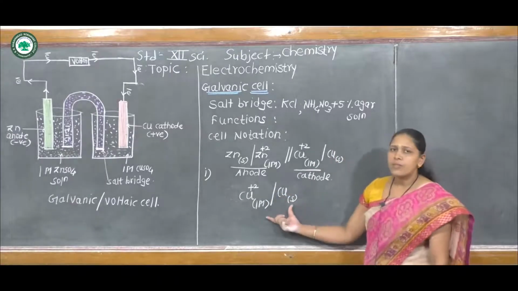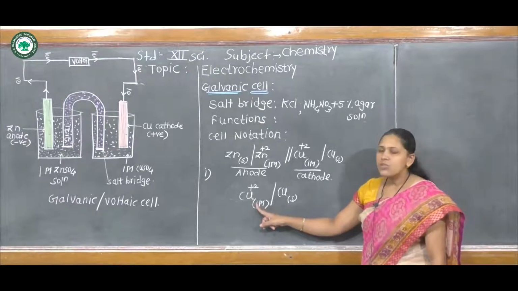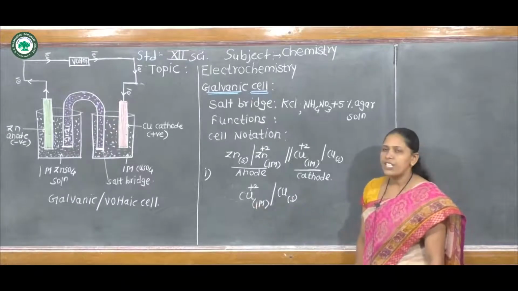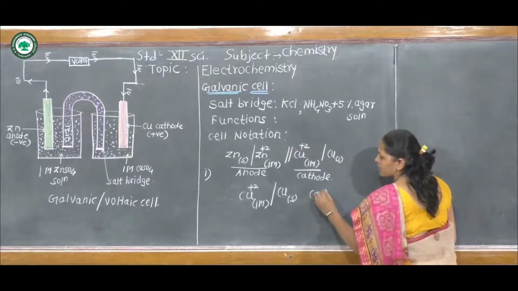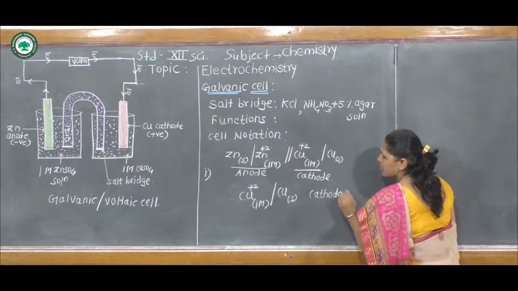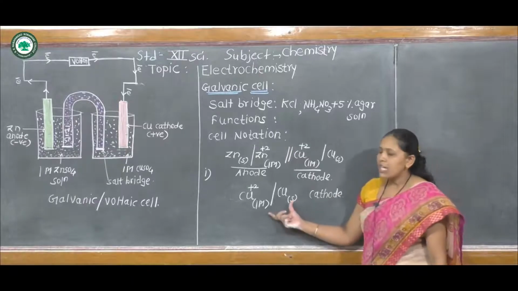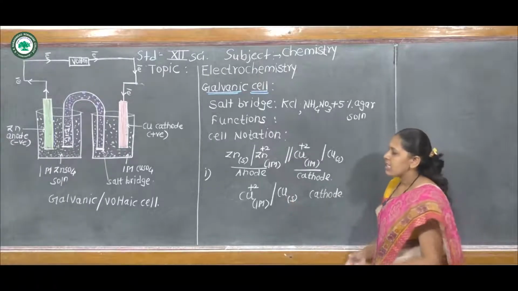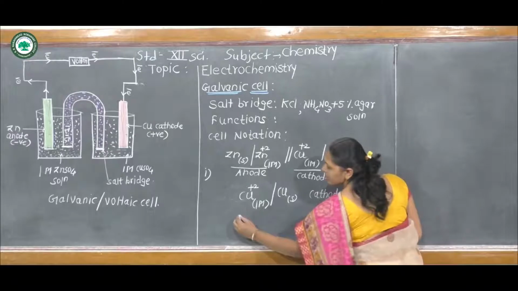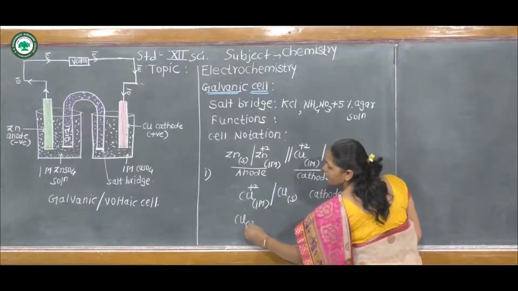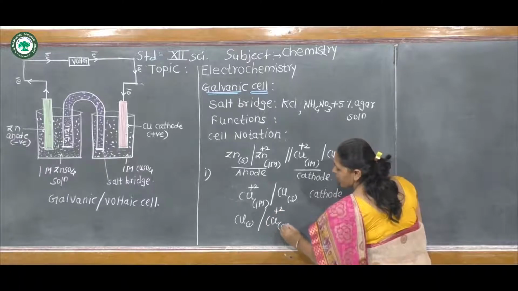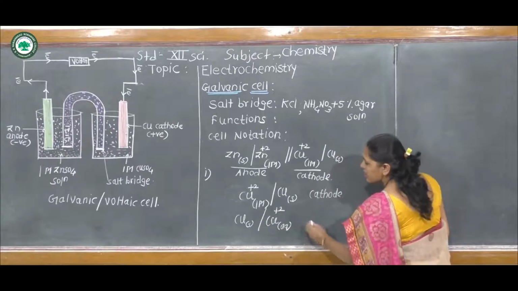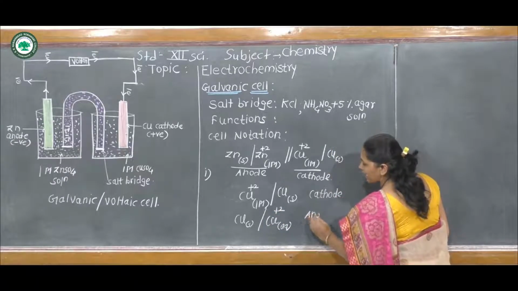In this electrode, aqueous solution first and then solid electrode, therefore it acts as a cathode. If this electrode acts as an anode, then this sequence will be reversed. That means copper solid first and then Cu2+ aqueous, then this electrode acts as an anode.